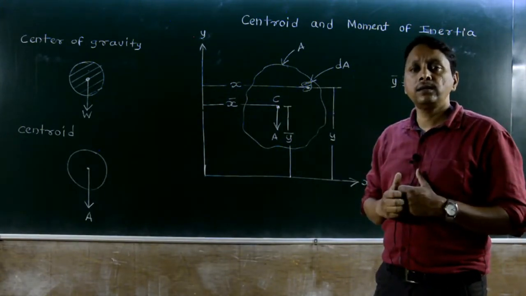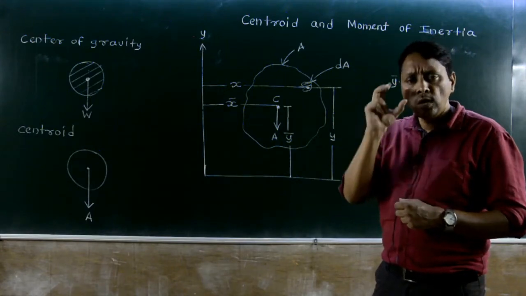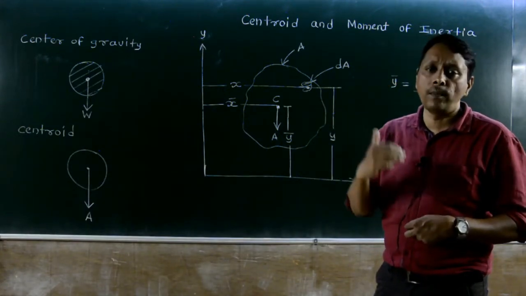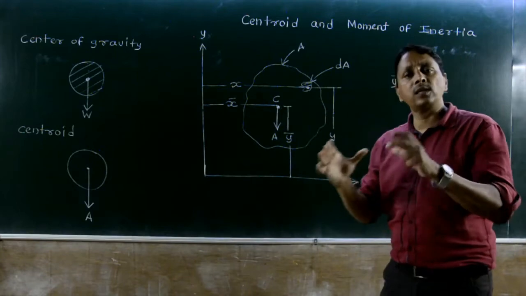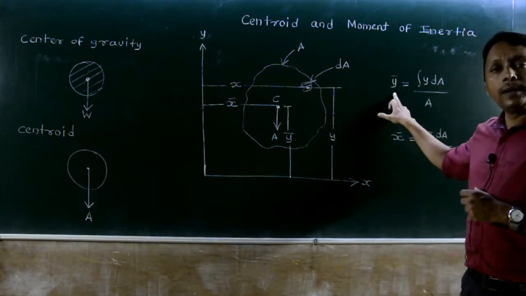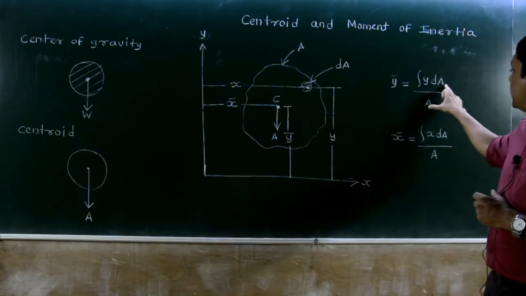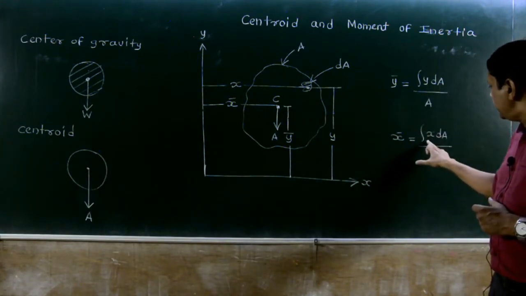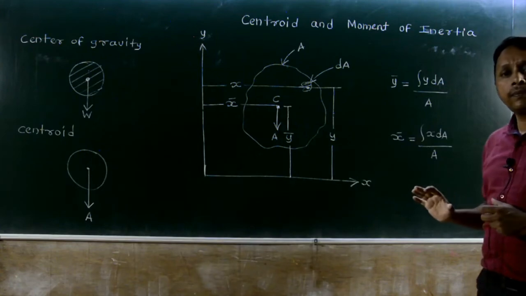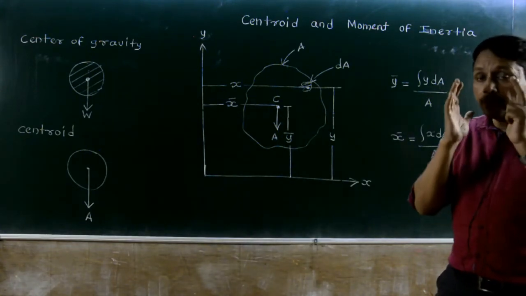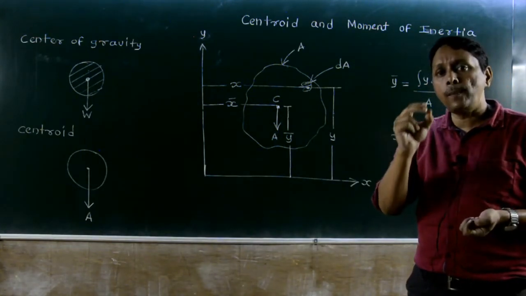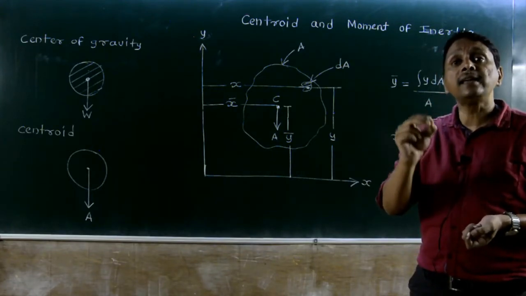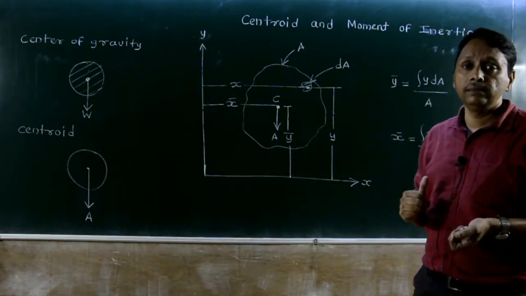Nobody asks this in the exam, but in the next derivation we require this formula, therefore I am going to explain it here. The y bar formula is integration y dA by A, and the x bar formula is integration x dA by A. Getting it, everyone? And remember, while deriving the expression of the parallel axis theorem, we need this formula again.